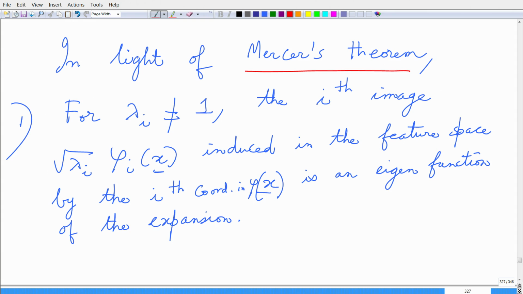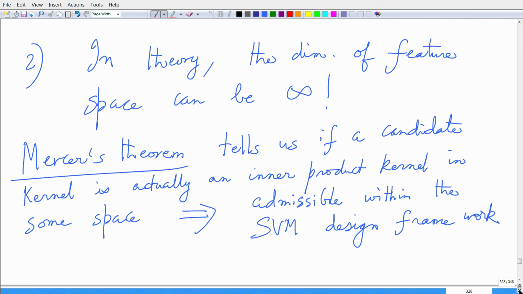Recall phi of x is a vector, phi acting on this vector x, and that has coordinates phi 1, phi 2, phi 3 and so on in the feature space. This ith image, root lambda I times phi I of x, is an eigenfunction of the expansion. This is an important detail, and in theory the dimension of the feature space can possibly be infinite.